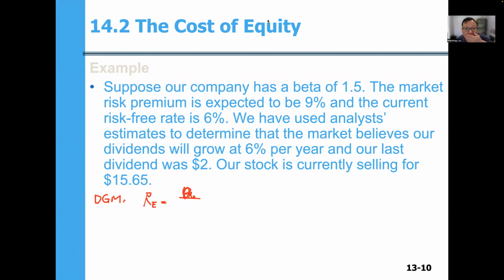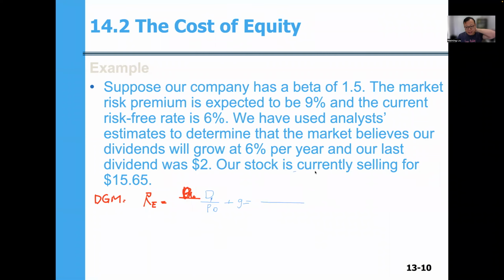I don't know why I cannot use this eraser. But anyways, so let's see. Okay, so here RE equals D1 divided by P0, plus the growth rate.